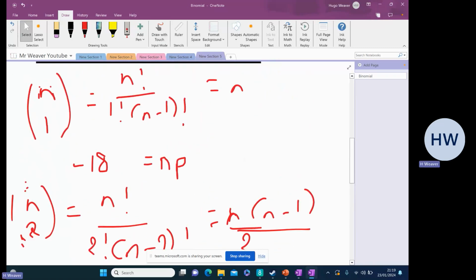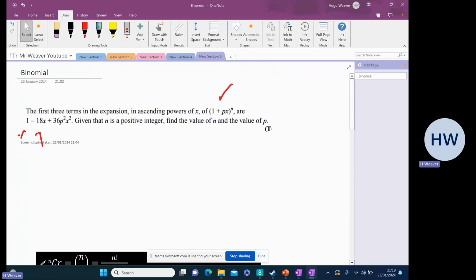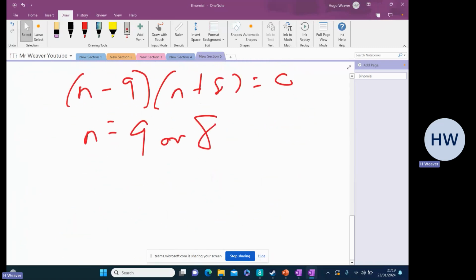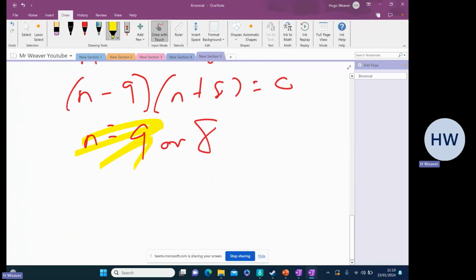Now, going back up to the original question, thinking about n equals 9 or negative 8, I've got this line here. So it says, given that n is a positive integer, find the value of n, find the value of p. So because I know it's a positive integer, I now know that n must be 9. N must be 9, okay? Can't be negative 8 because it has to be positive.